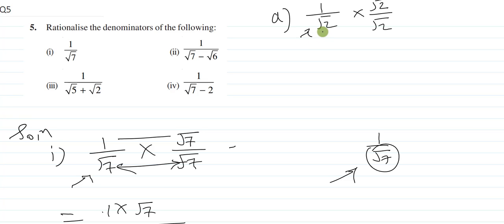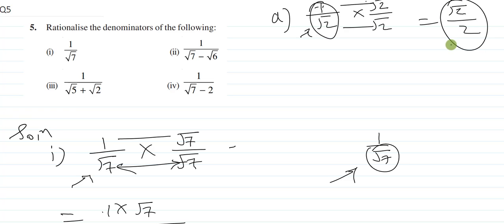If only one term is there, multiply and divide by the same term. What I will get: root 2 upon 1 into root 2, root 2, and root 2 into root 2, 2. Got this? So 1 upon root 2 and root 2 upon 2 are the same numbers, right? Always remember, in rationalization, you are not changing anything. You are just adjusting your denominator.